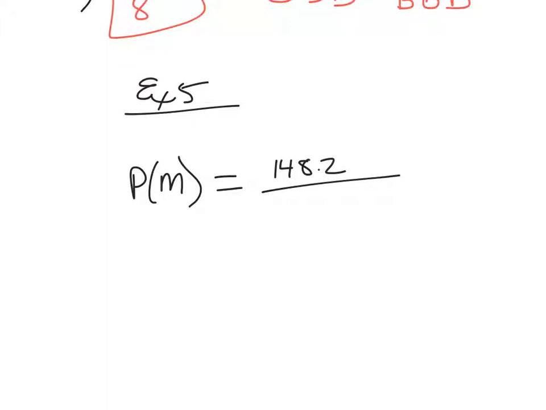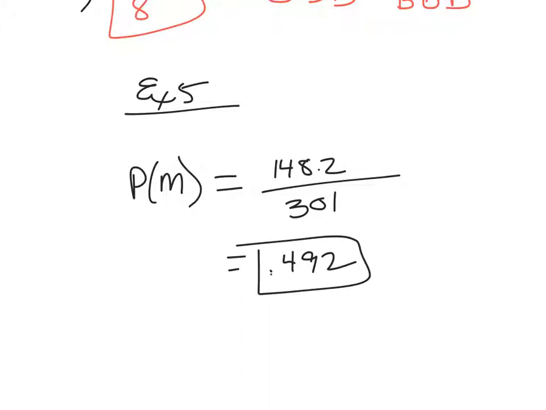And the total number of people is that 148.2 million men plus the 152.8 million women, which is 301 million. So according to this problem, the probability of randomly selecting a man, if you do the division there, is 0.492. About 49% of our population was male.